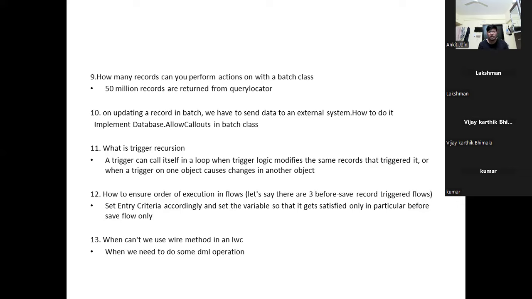The next question is what actions can you do in the batch class? In a batch class, we can do multiple things. How many records can you process in the batch class? You can process up to 50 million records.